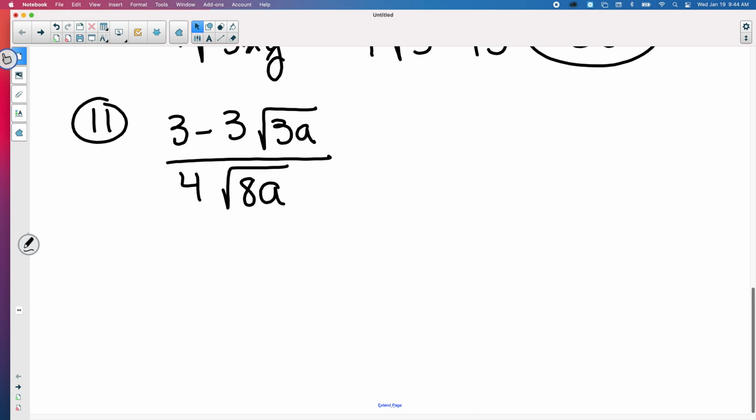So like I couldn't cancel my a out from both of those because the factor would have to be over here as well if you're going to cancel. So if you have addition or subtraction on top, I wouldn't try to cancel out until the end, if it will. So just get rid of the radical on bottom. What would we do? Okay, multiply top and bottom by radical 8a.